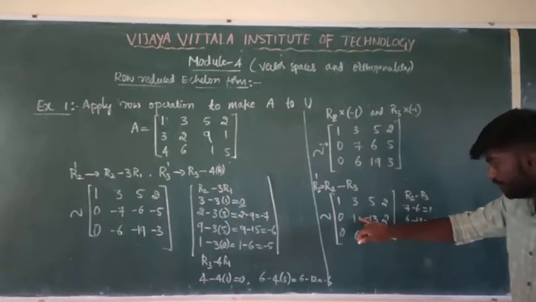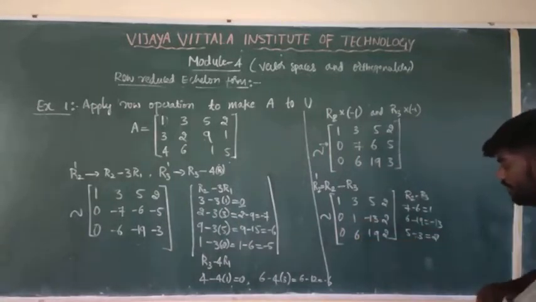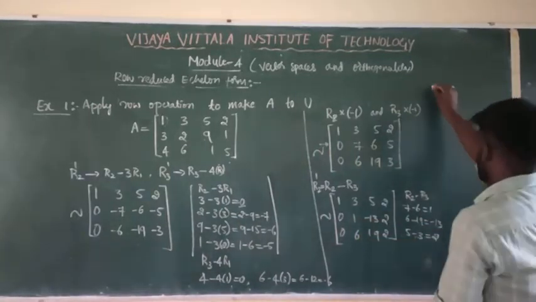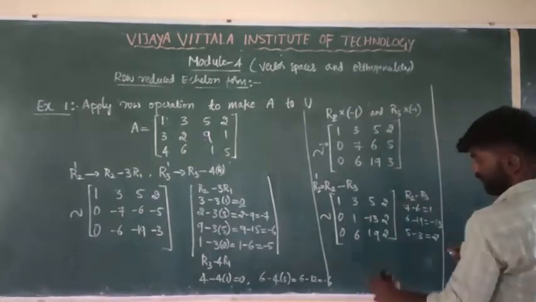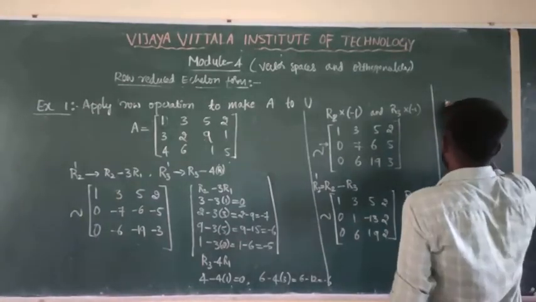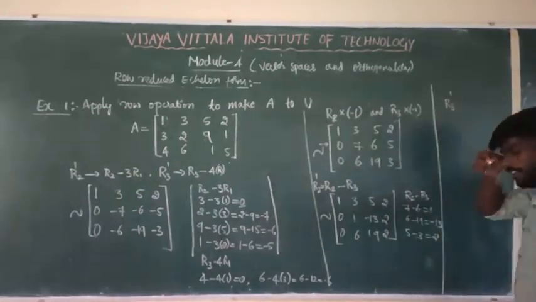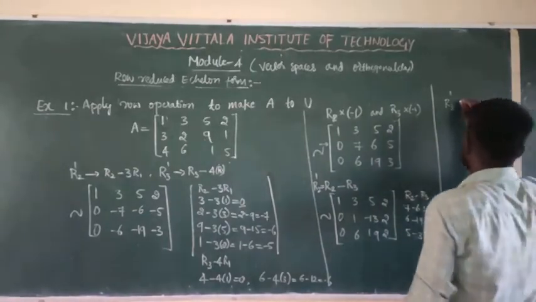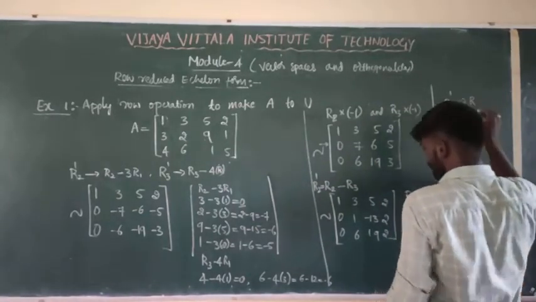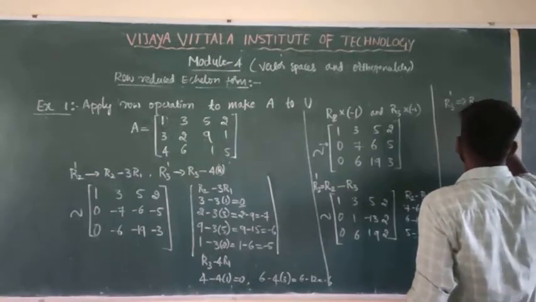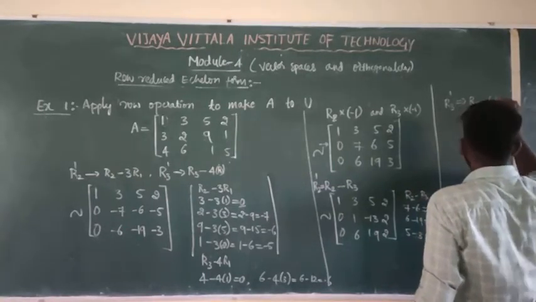In the second row the leading entry is 1. Therefore we make the element below it 0. We use the operation R3 dash, R3 minus 6 into R2.